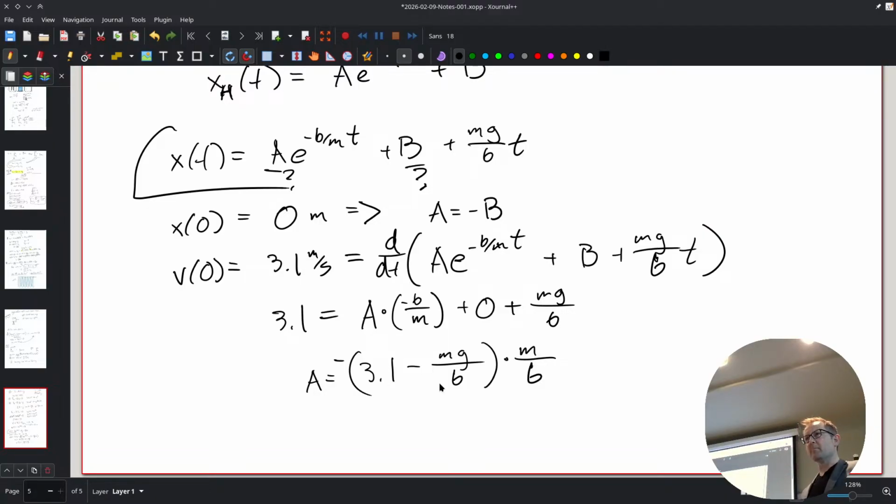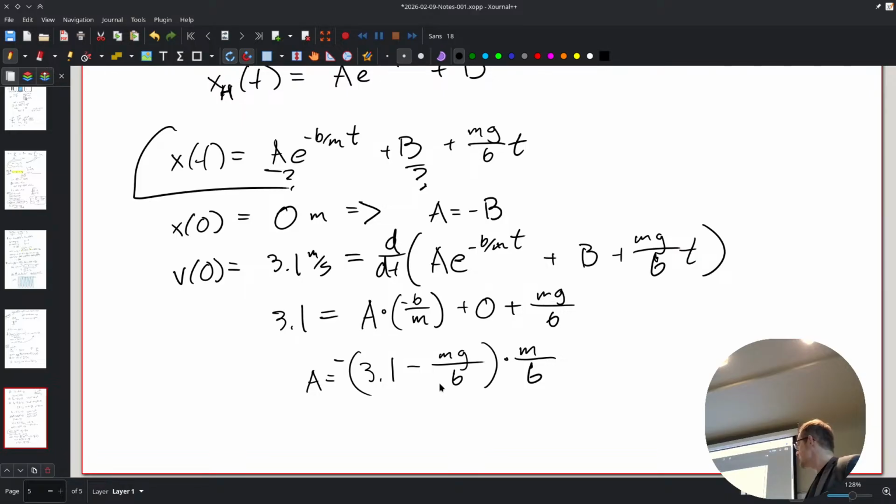Do we end up with an m squared and b squared? Kept it factored? Oh, okay.